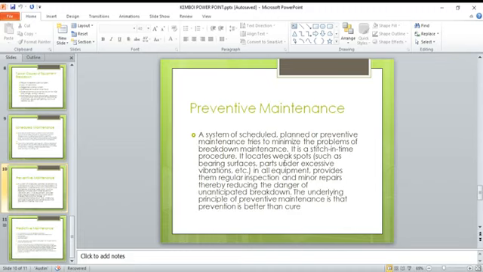It locates weak spots such as bearings, surfaces, parts under excessive vibration. So you regularly check, and if there is a certain thing that may cause a breakdown, you do maintenance, and by doing so you prevent breakdown. That is what we mean by preventive maintenance.